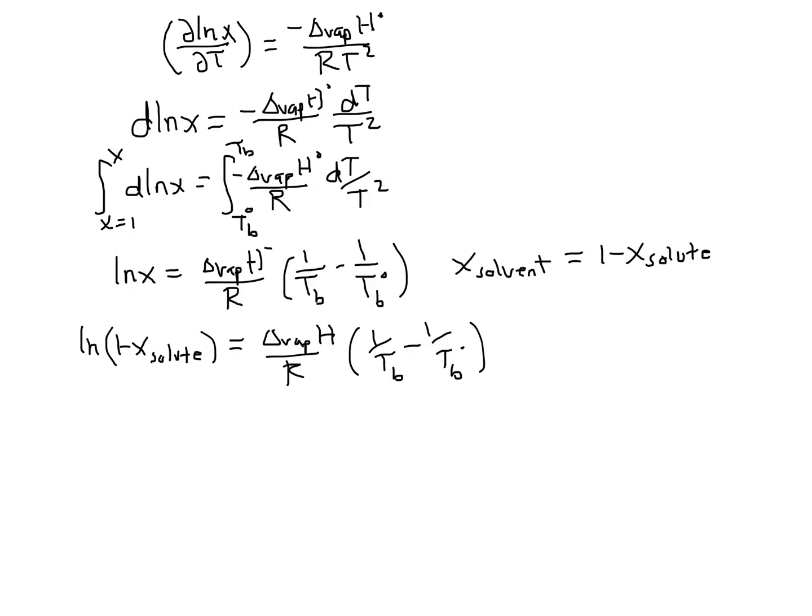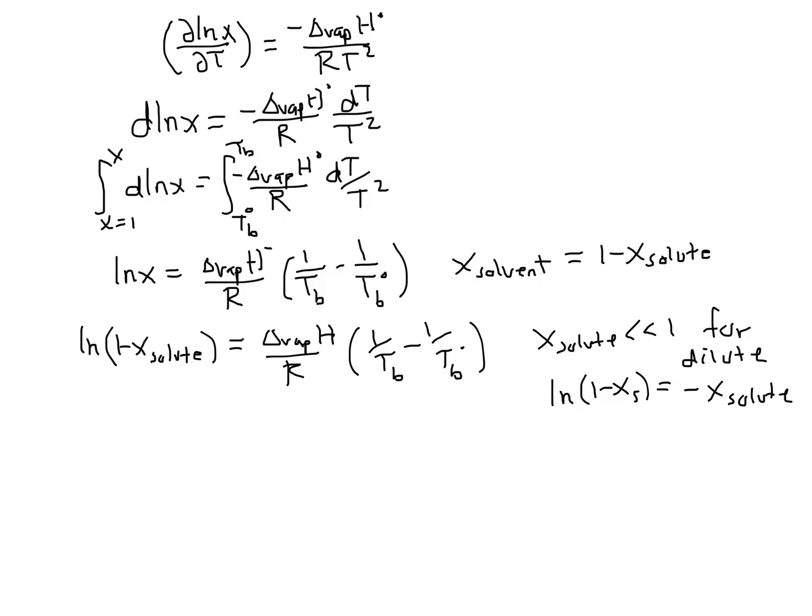If our solution is dilute, then x solute is much less than 1, and we can approximate the natural log of 1 minus a small number as equal to the opposite of that small number.